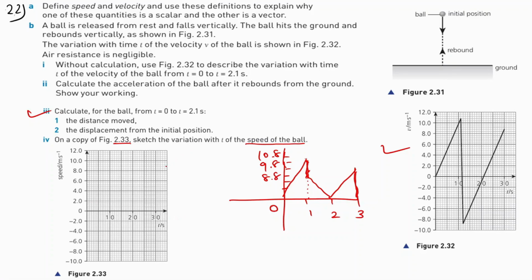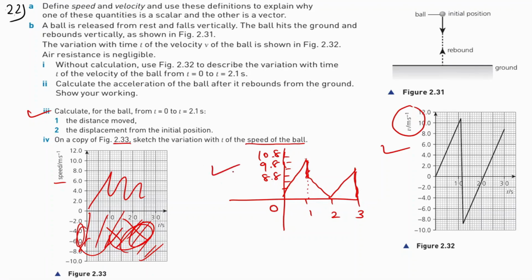If you draw this same figure, it will not work, because velocity is a vector quantity and speed is not. So for speed, it should have only positive values, not the negative ones.